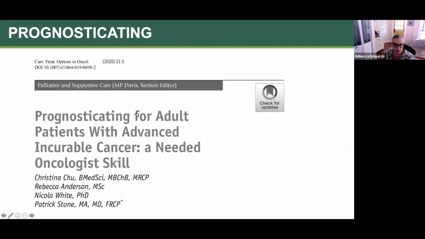So one thing I just wanted to mention, and advanced practice nurses are certainly involved with this process, is prognosticating. And this is becoming a much more complex thing to do when patients are being prognosticated for different cancers.